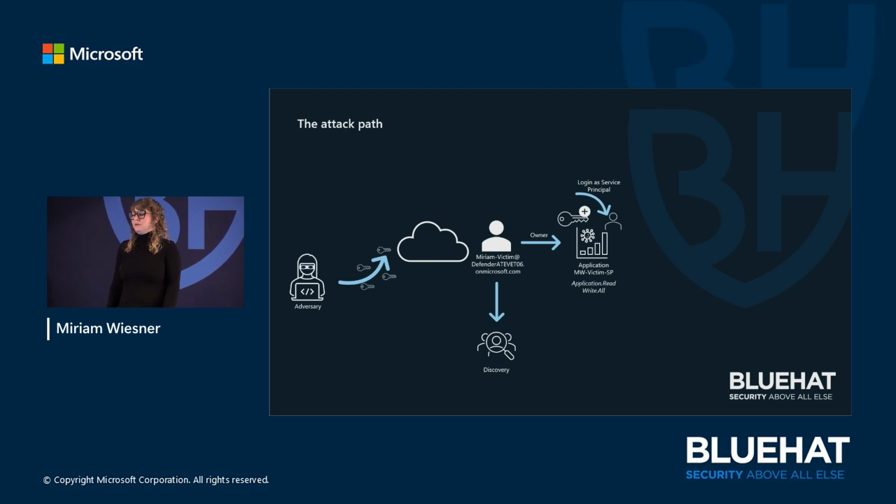A service principal is some kind of a service account for an application, which allows you to just perform things in the name of the application. This application, of which Miriam victim is the owner, has the Application.ReadWrite.All permission. This permission does not only allow the application to change other applications.